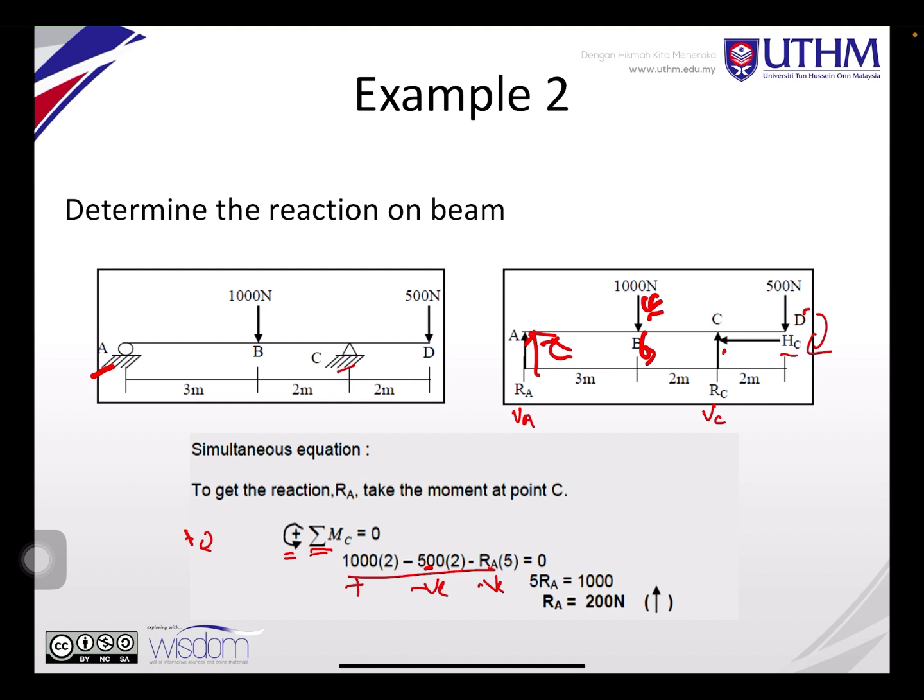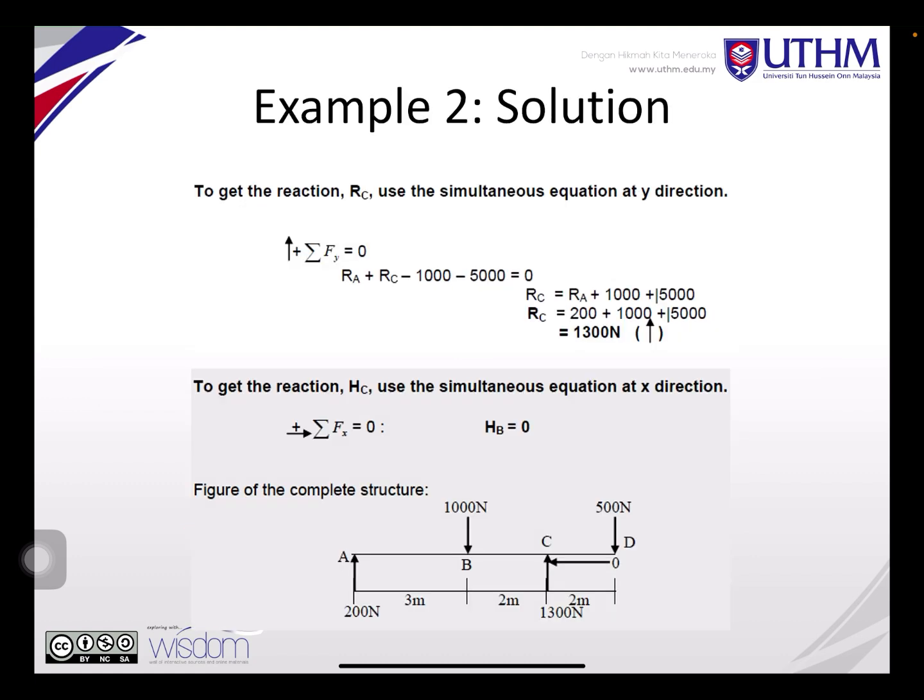After you calculate, you get RA is 200 Newton going upward. After you get RA equal to 200, you have RA plus RC minus 1000 minus 500 equal to 0 when total Fy equal to 0.